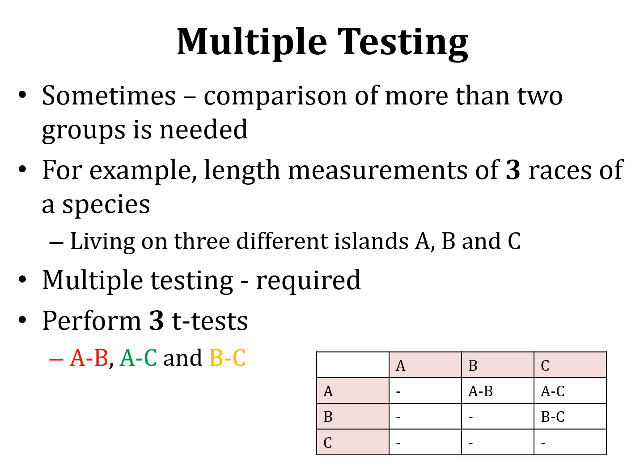Now, does it look laborious or time-consuming? It doesn't quite look so, because these are only 3 t-tests that you're going to perform, right? But if you have to compare 7 samples, what are you going to do? In the previous example, we had only 3 samples.